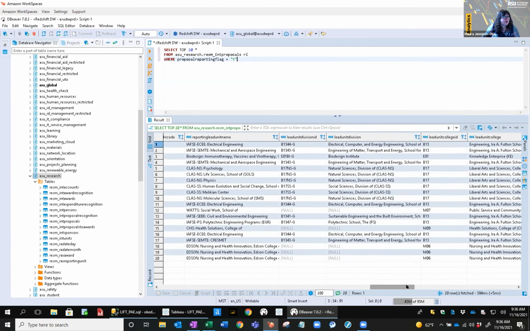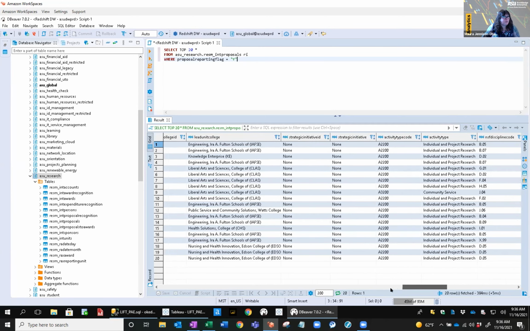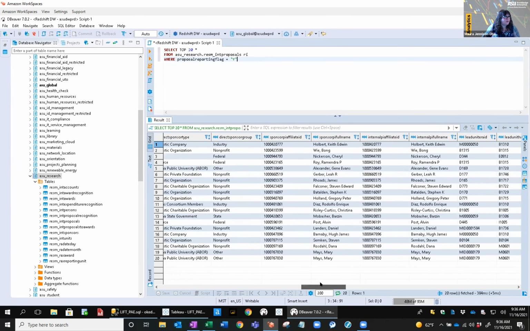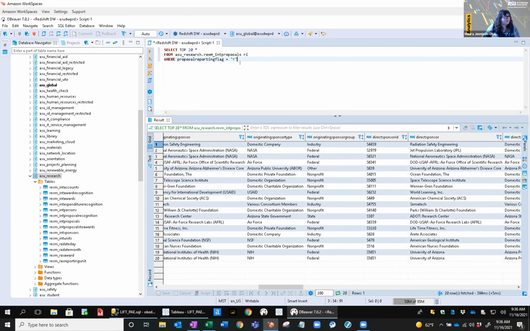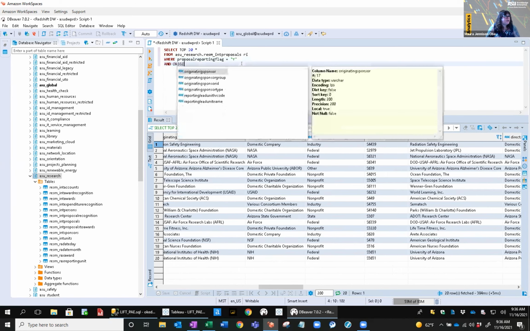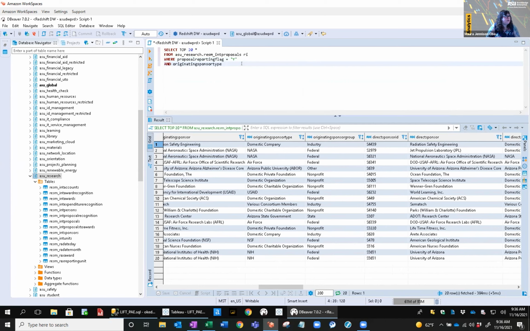Okay, so I'm going to do one. I'm going to look up one where we're going to do originating sponsor type like NASA. And this is a new thing I learned about Redshift. The like operator is case sensitive in Redshift.